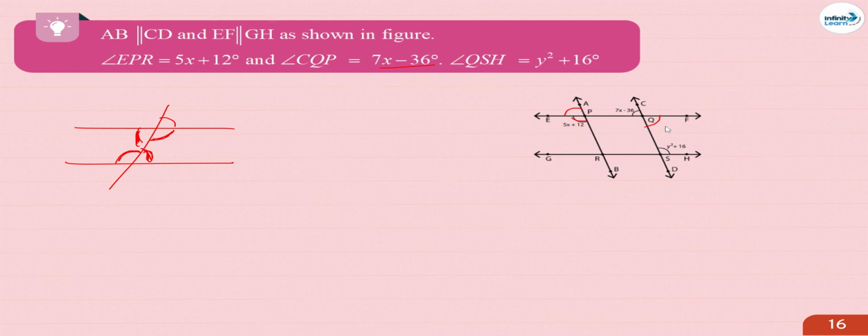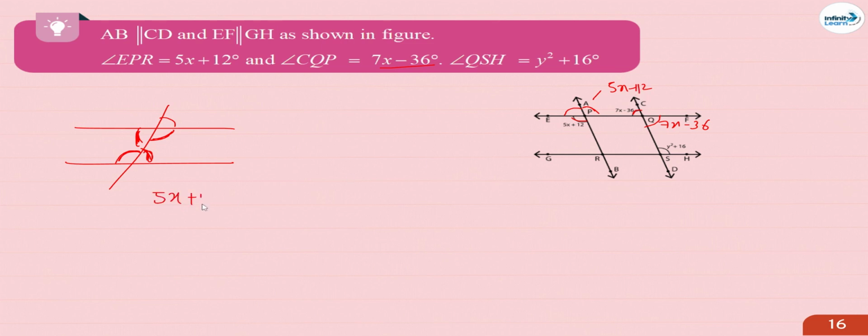Look, how much will this be? 7x minus 36. Yes or no? How much will this be? 5x plus 12. Now, these two angles are forming co-interior angles. The sum of co-interior angles is 180 degrees.